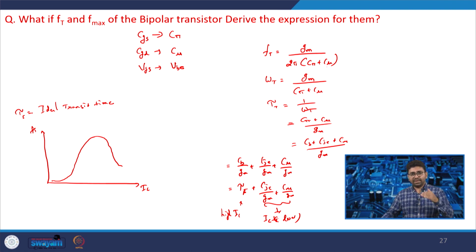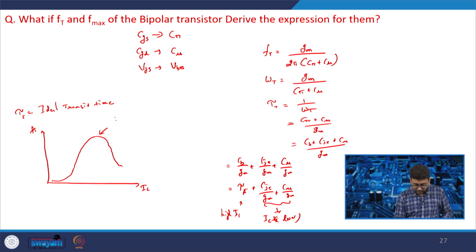So, due to the Kirk effect or base widening happening in the BJT, it is making the tau f high, and it is reducing the Ft. This is specific to the BJT, that is why I mention it here. So, the Kirk effect is important.